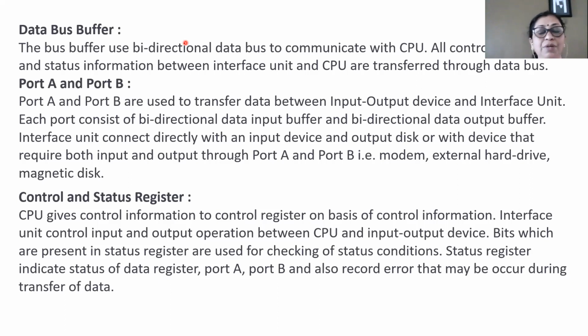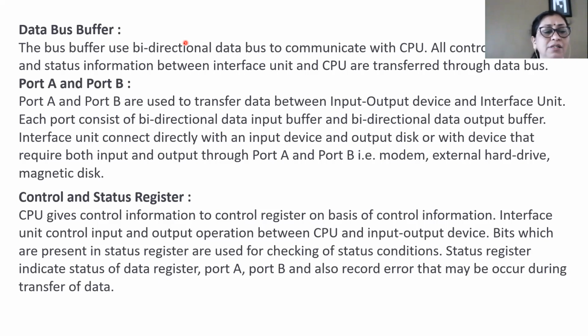Such kinds of devices are connected to the central processing unit, and therefore port A and port B are used to store the data, and these two ports are connected with the input output device and with the central processing unit with the help of the bidirectional data bus. This is important, you must remember this.